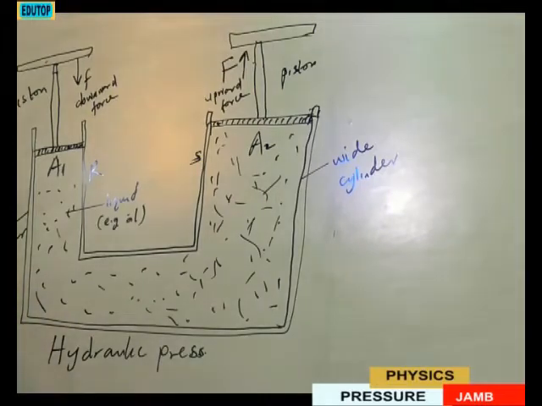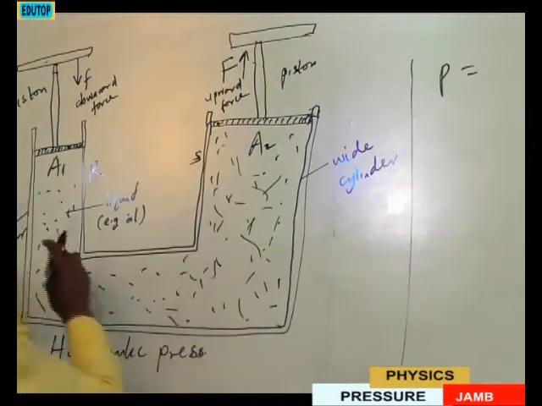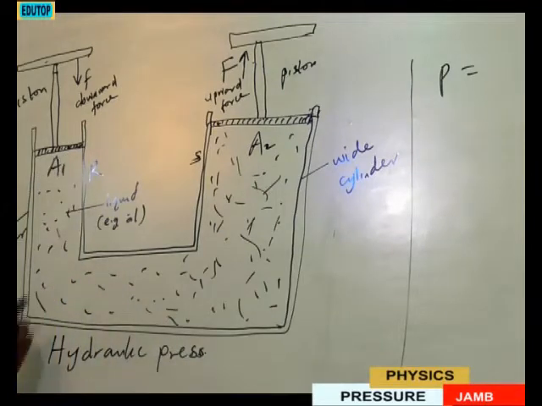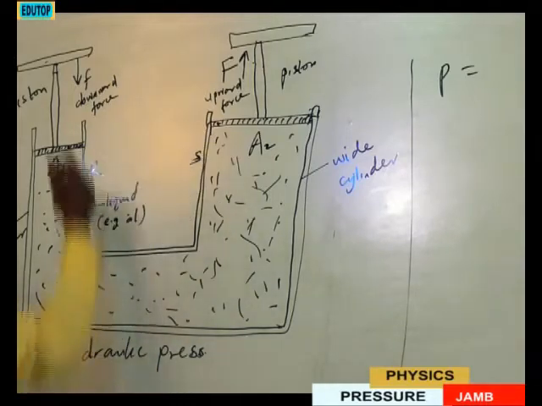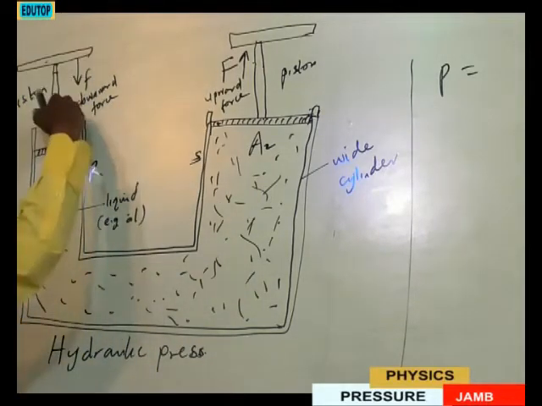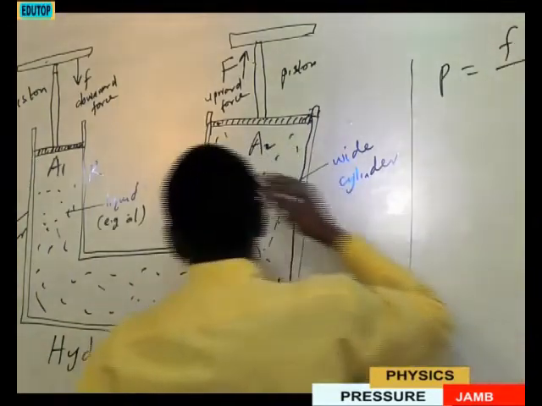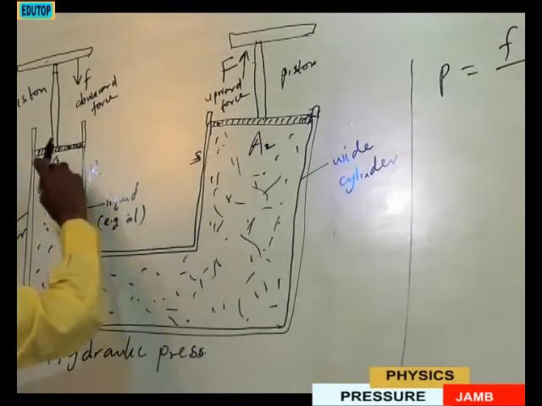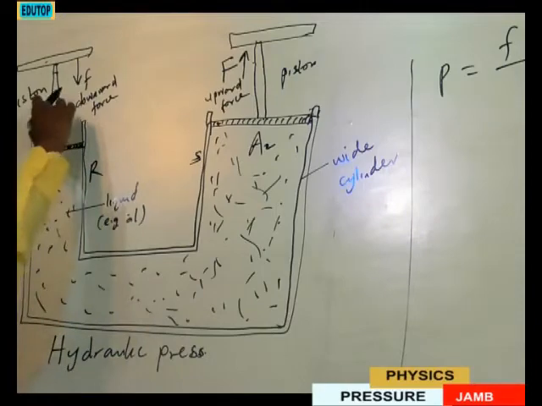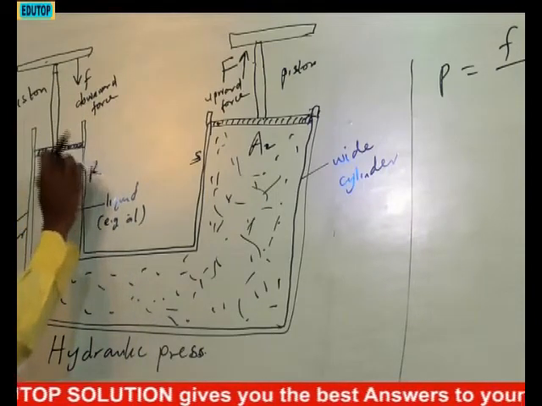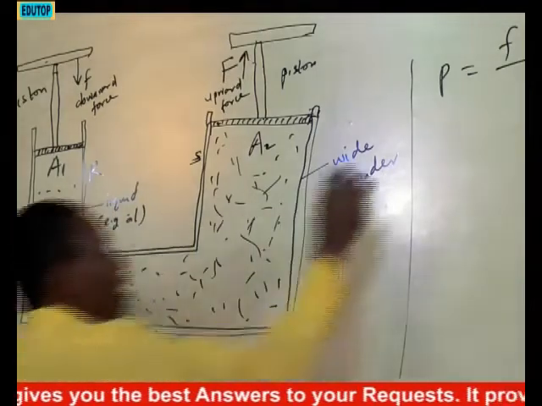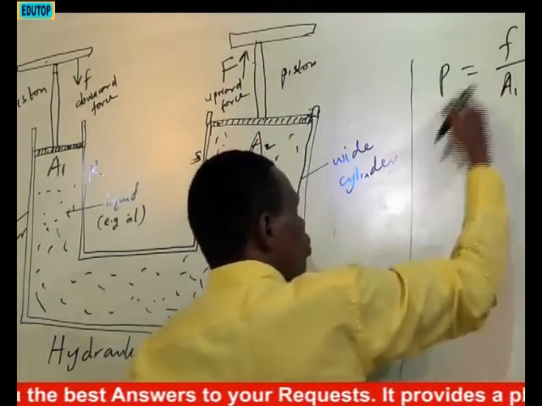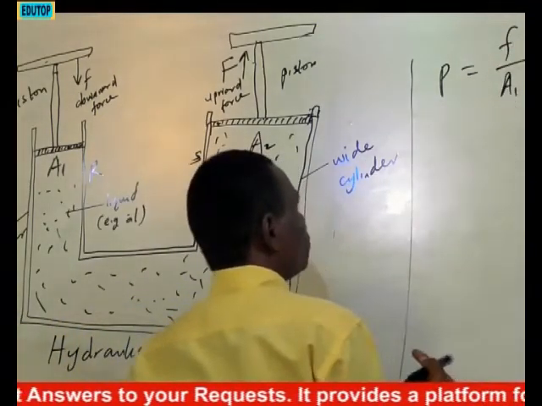Let us assume we exert a pressure on this cylinder of a smaller diameter, and as I have defined, pressure is force over area. You apply a small force f over the area of the small cylinder, A1. Pressure is force over what? Over area.